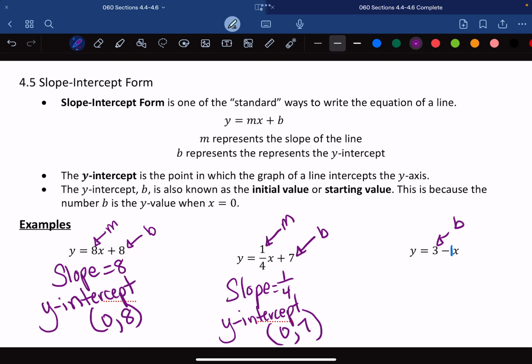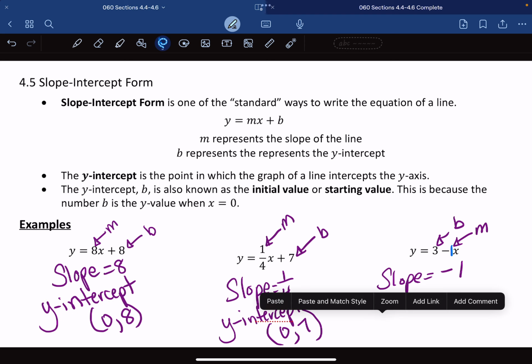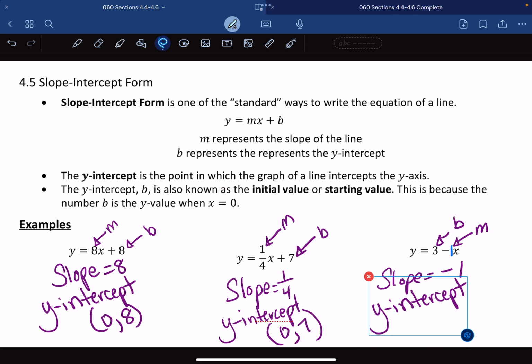I didn't change the value, but it gives me a number in front to call my slope. So in this case, my slope is going to be -1 because of that minus in front. And then my y-intercept, I'm going to actually just copy this. It is going to be 0, 3.